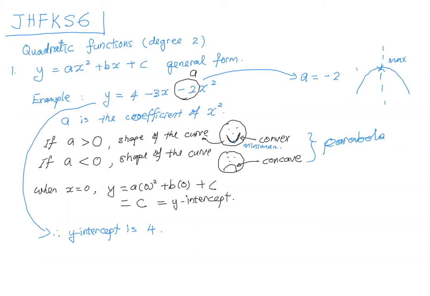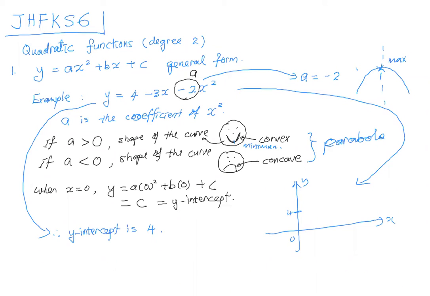So if I want to sketch the graph for this one, you know how to sketch the graph of a quadratic function, correct? I know it's this shape. I know the y-intercept is at 4.